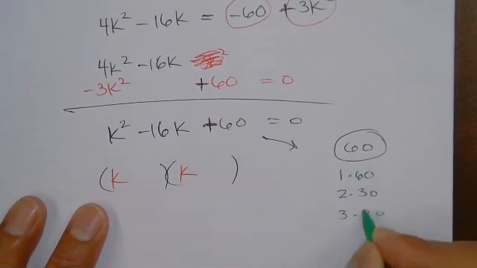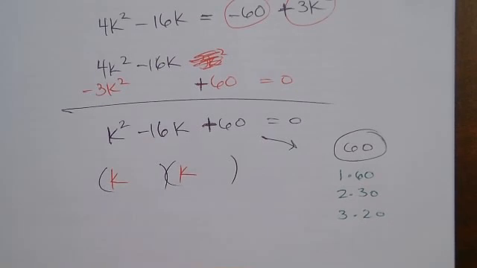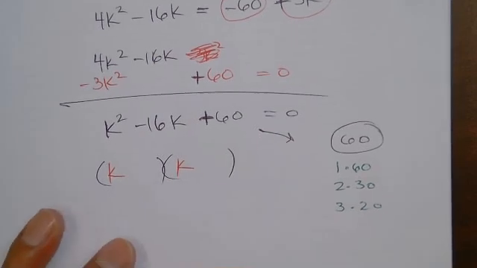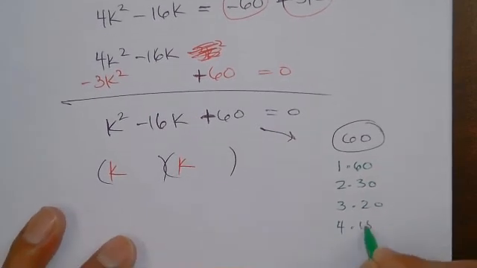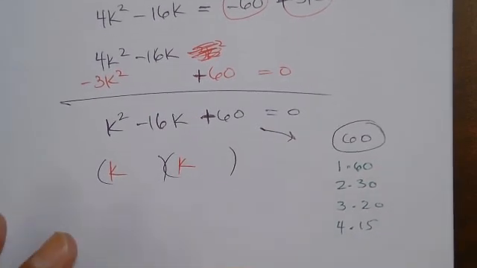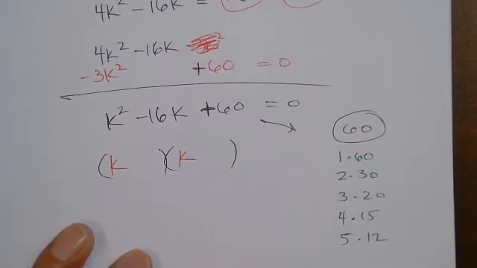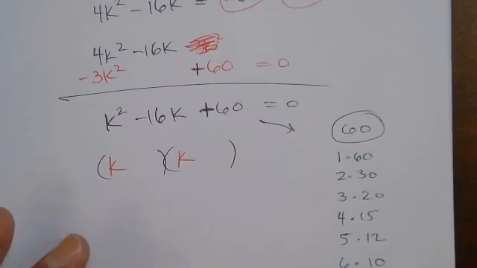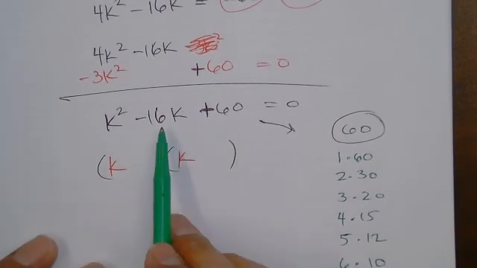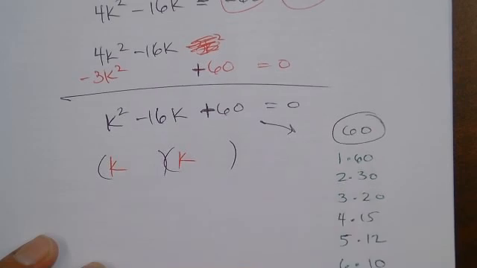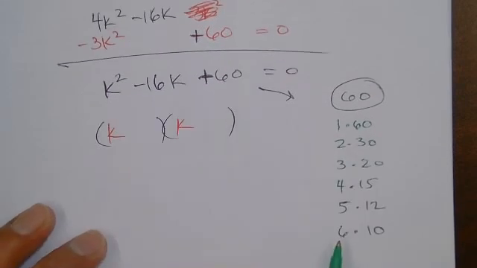Starting with 1. 1 times 60. 2 times 30. 3 times 20. 3 $20 bills is $60, right? 4 times 15. Anybody know your 15 times tables? 5 times 12. 6 times 10.